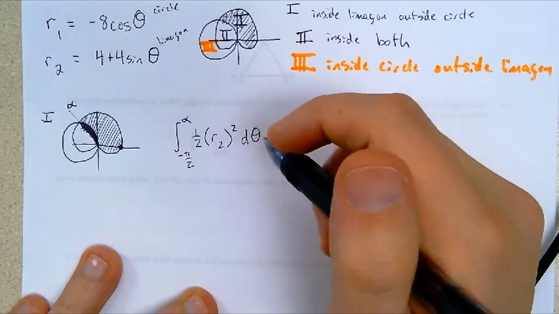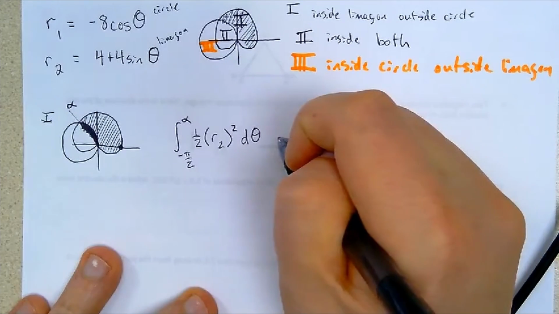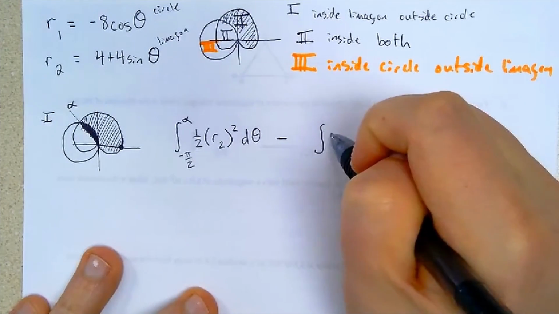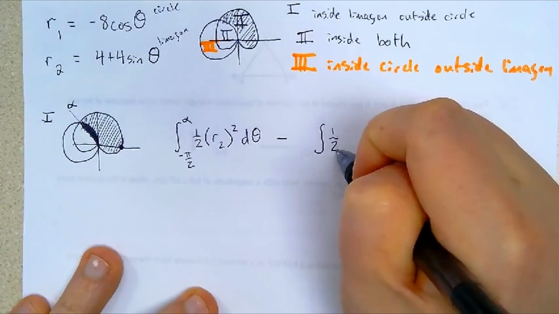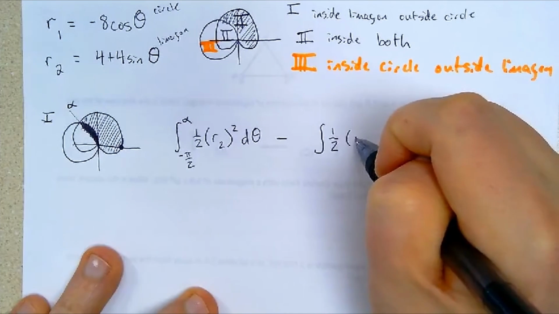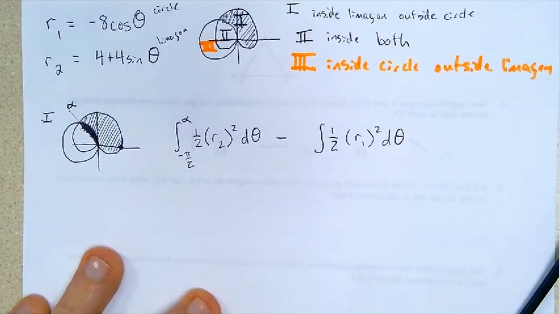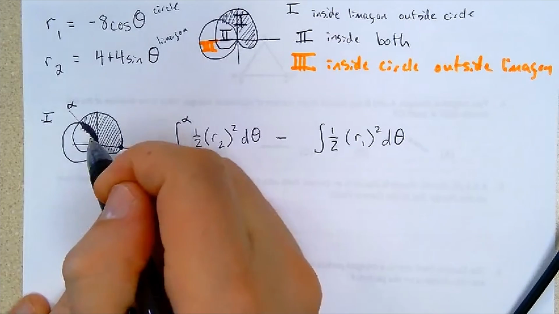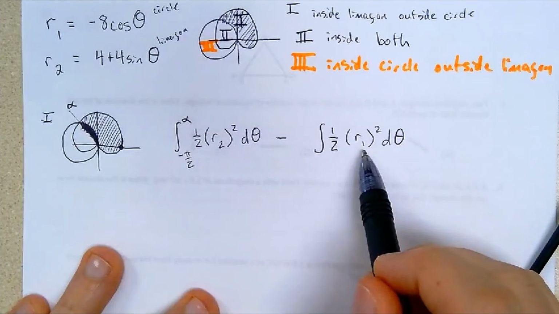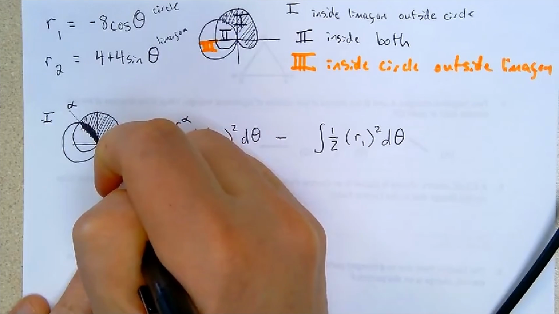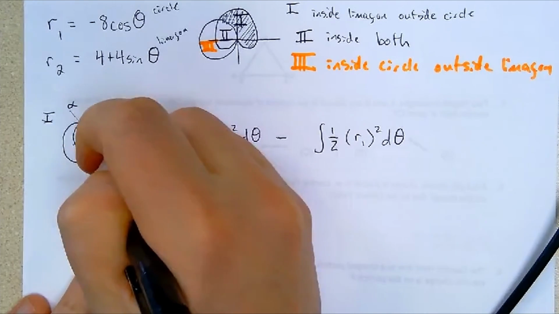So what we are going to need to do is subtract out the black zone. And the black zone would be the region of the circle, that's why I selected radius 1, starting at 0 and drawing out to angle alpha.